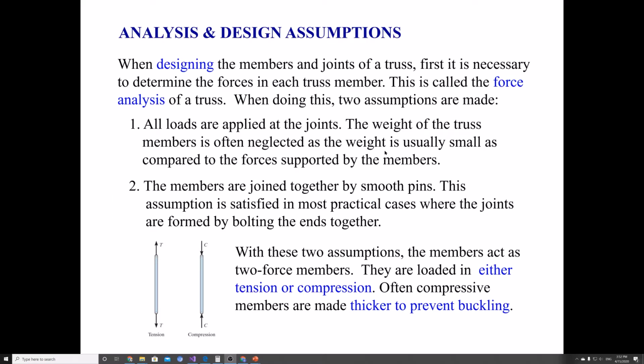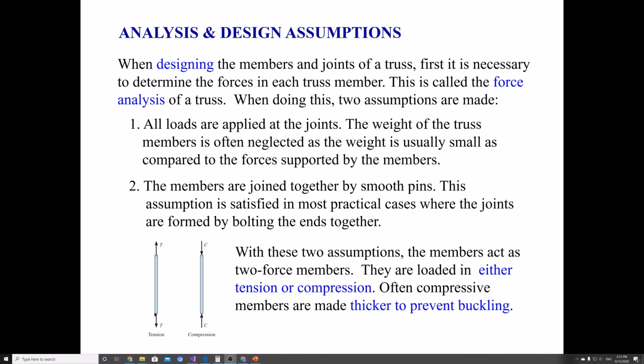Okay. So when we're designing members or doing the analysis, we're going to think about how the forces are involved for this type of structure. All the loads are applied at the joints. There's no load, like a shear force, being applied on the side of any of these members.